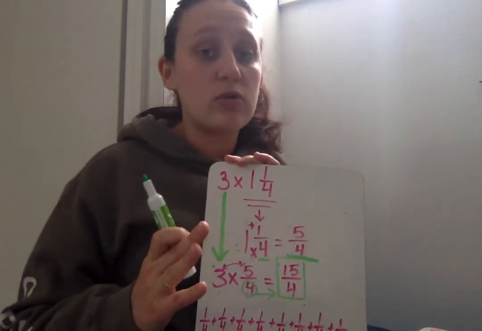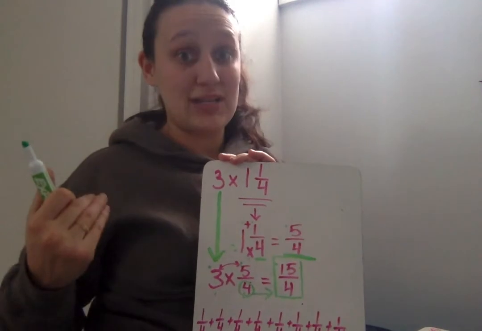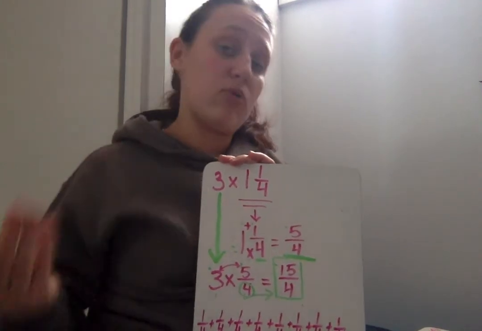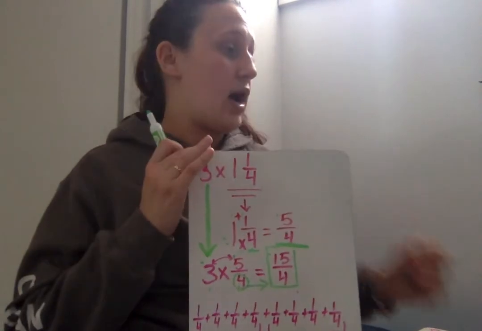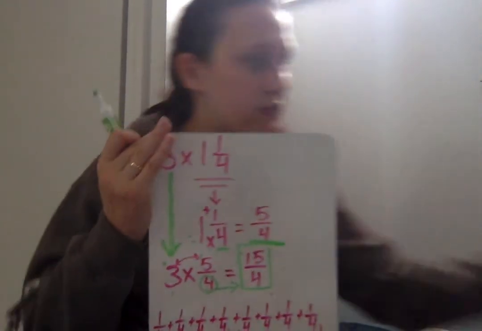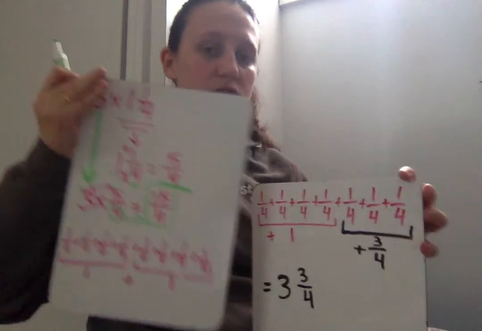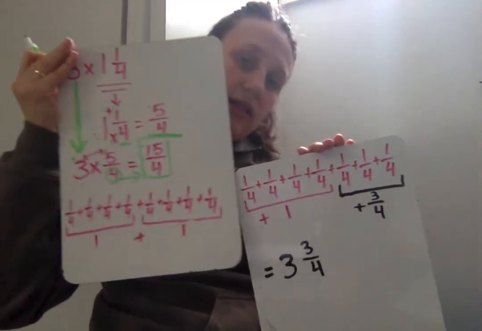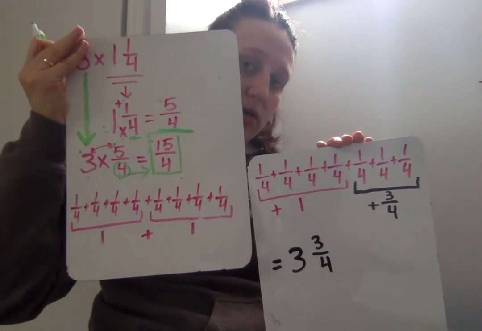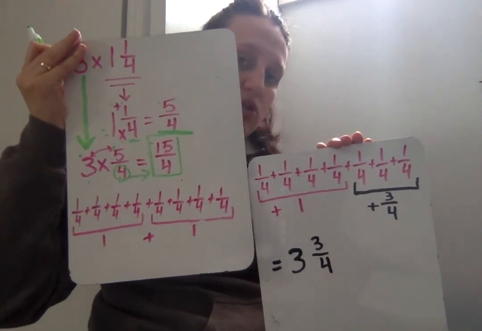So what we're now going to do is change it into a whole number and a fraction, or maybe even just a whole number. Let's find out. What I like to do, and I know a lot of you like this too, is write out 15 1/4s, because the number at the top tells us how many 1/4s there are. So there's 15.